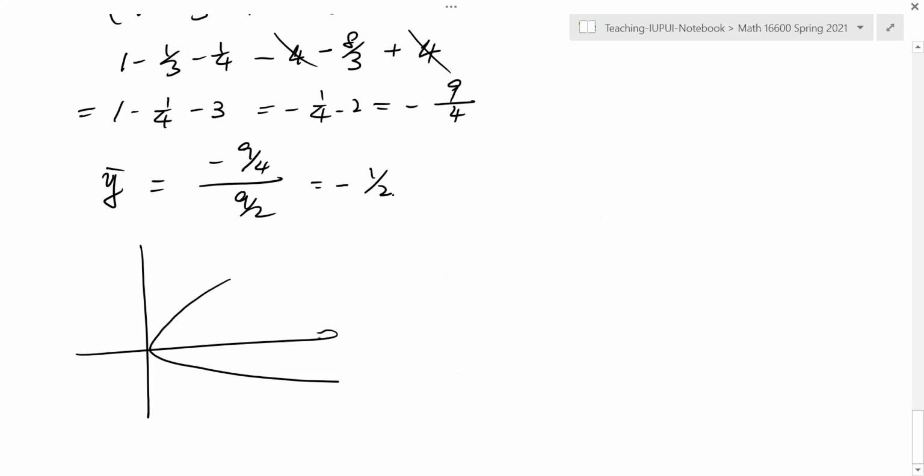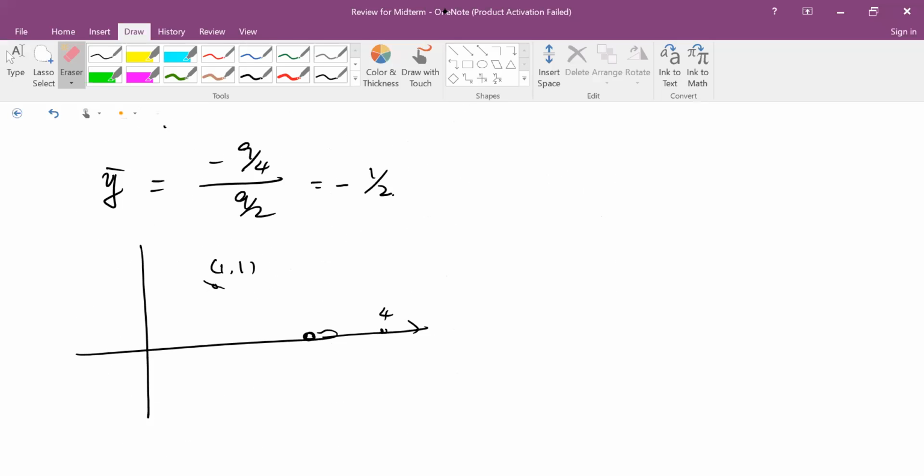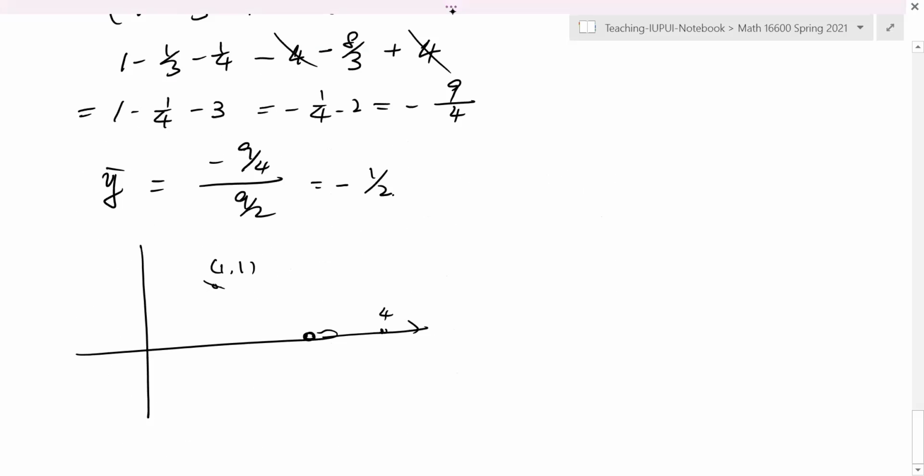Here, this is the picture, right? So here, this is a 4. I think that's a 2. I need to draw it correctly. Let me redraw the graph here. Let me carefully sketch the graph. I want to see there's no computation mistake in my calculation.